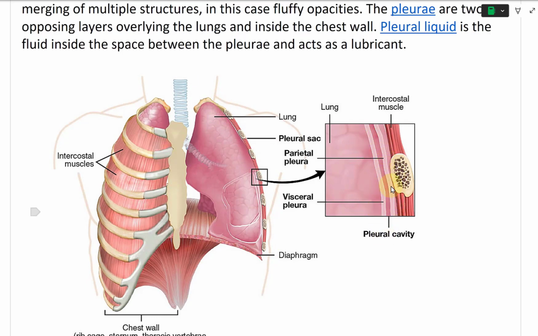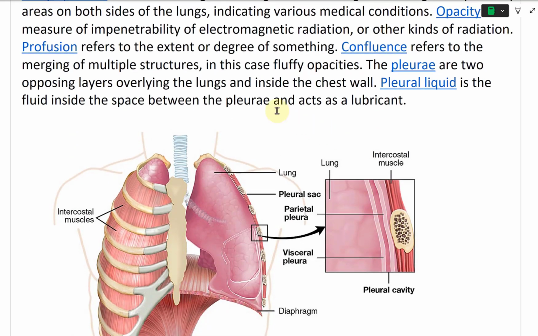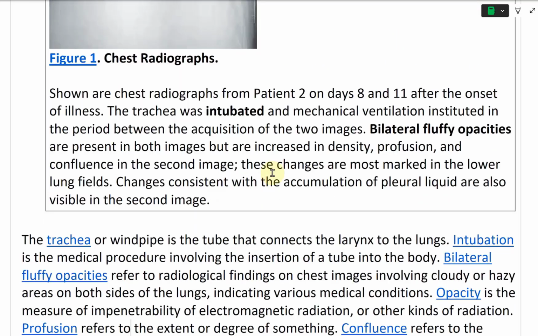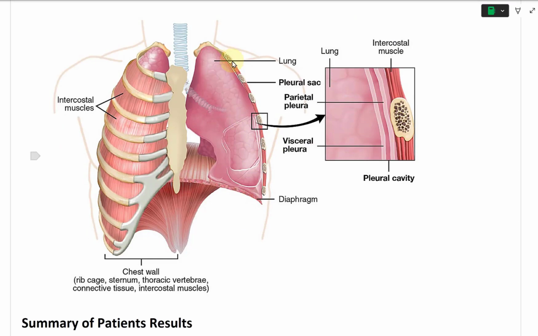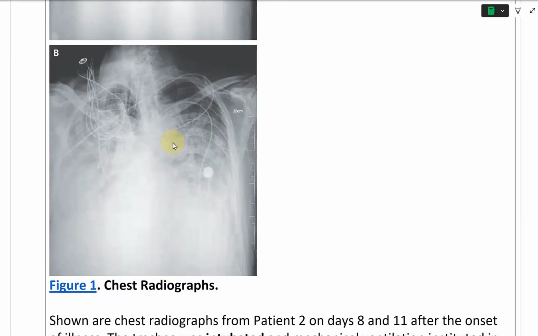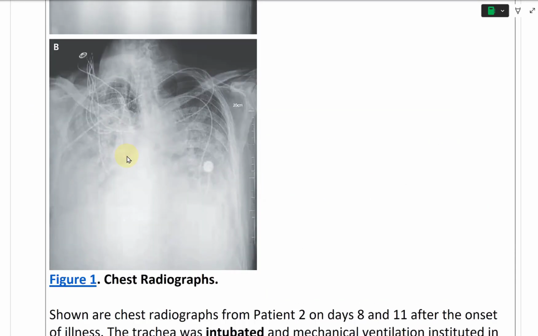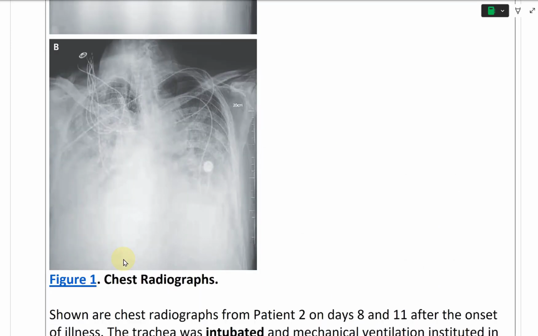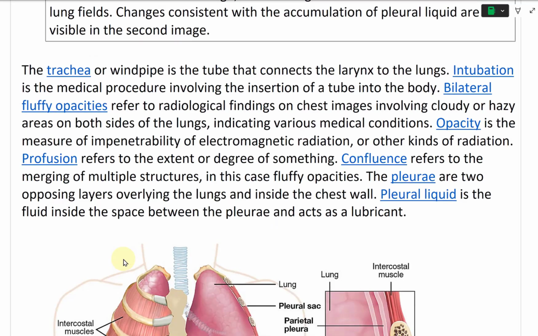So there's a pleural cavity in between. There's a double layer there, and there's fluid inside this that acts as a lubricant. There's an intercostal muscle. That's these parts right there on the chest wall. This is very, very interesting. Yeah, so this shows that there's accumulation of that pleural liquid in between the lungs and the chest wall, which supposedly is what's occurring and making it more opaque from the CT scan. So very, very interesting. All right, continuing further.